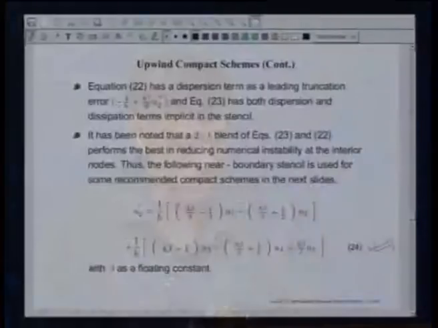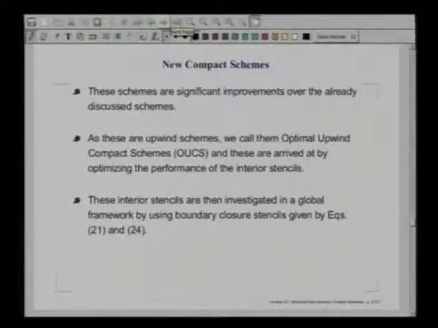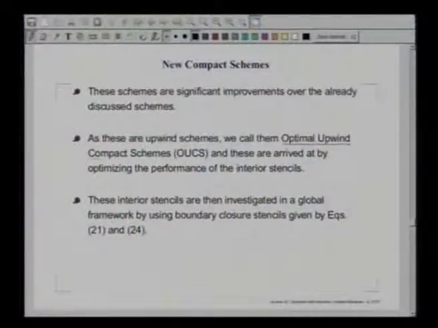So, this was essentially the improvement of the traditional various order schemes, where we do not need to do optimization. We look at their problem, the source of the problem, and then we rectify those problems by changing the boundary closure, and thereby we ended up getting a set of compact schemes, which we have called optimal upwind compact schemes, or OUCS schemes.